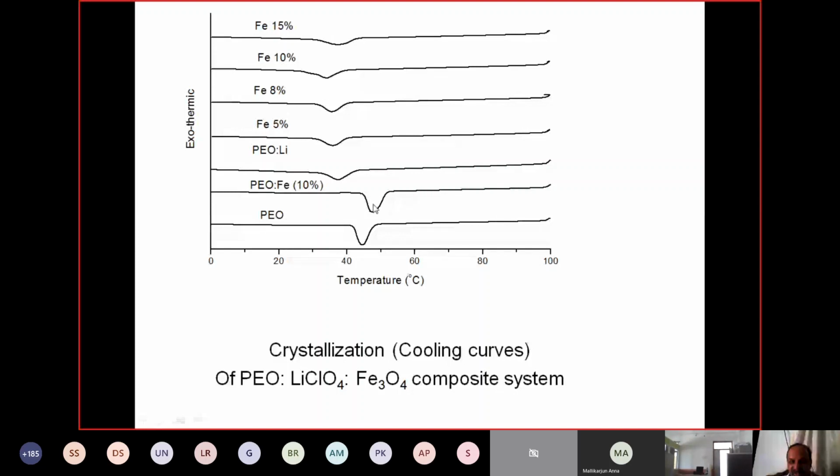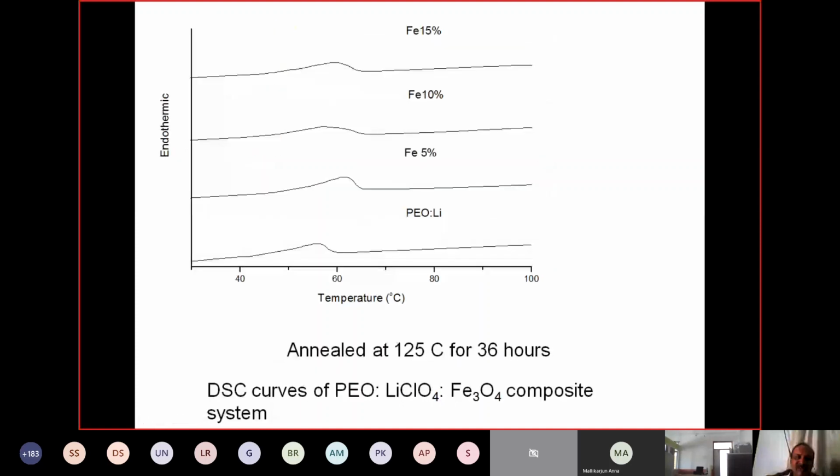Okay, we see here, this is a different way, a different property. That means we heated that material and cooled, and then again we studied the DSC property, how that changed. It's the same thing we studied for the same material.